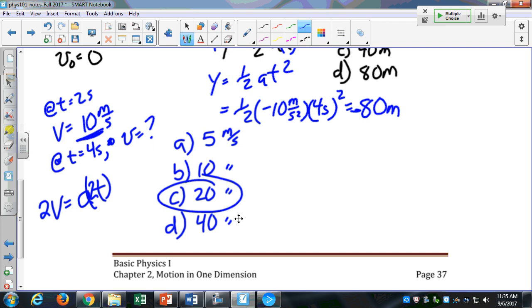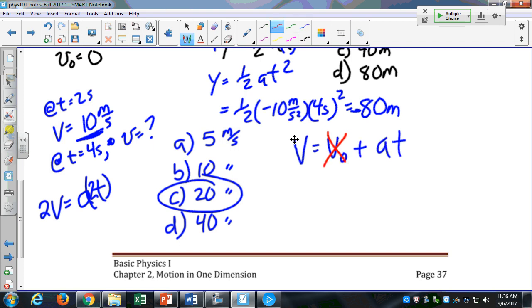Let me step back and show you. So in the previous problem, and in this problem too, at t equals 2 seconds, the velocity was 10 meters per second. Well, what happens if I double my time and I go to t equals 4 seconds? What's going to be my velocity now? Well, since I have this linear relationship, v is equal to v naught plus a times t.